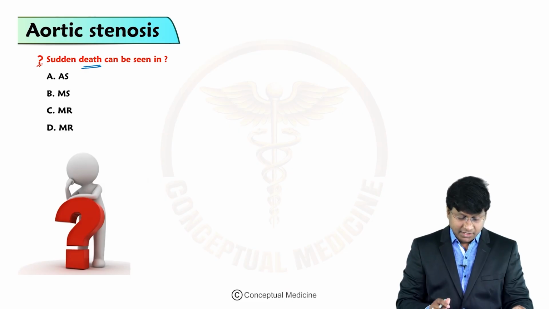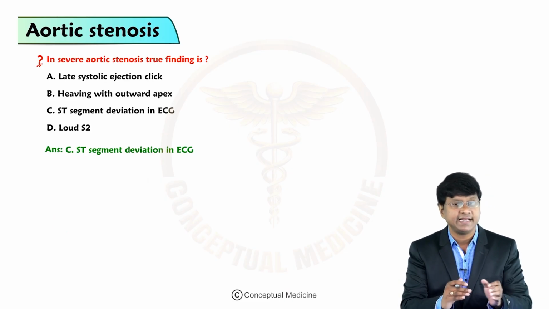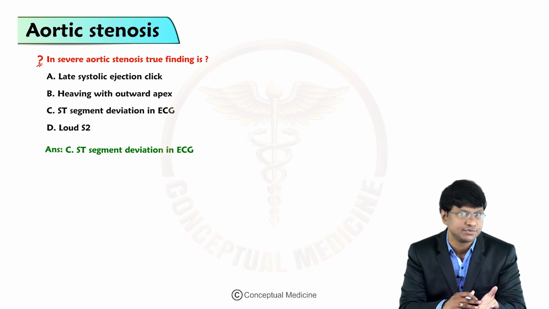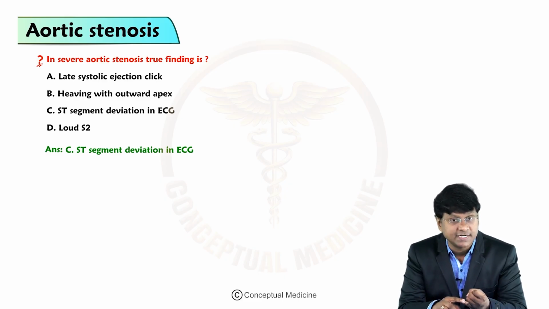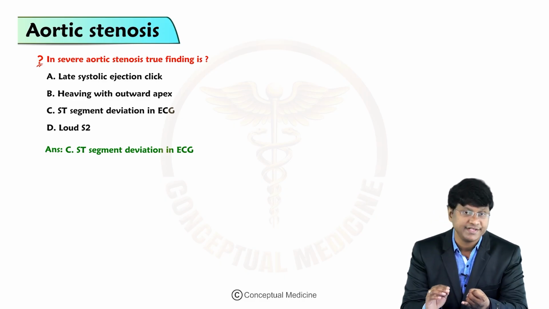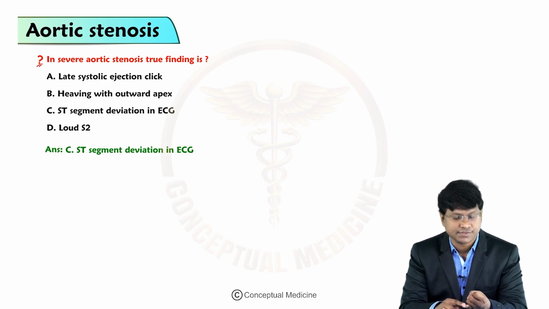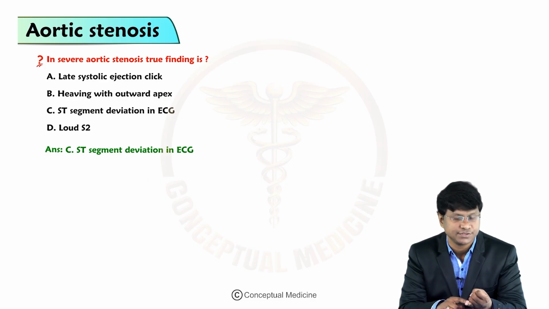Actually in the theory part, I have discussed all the points which will favor severe aortic stenosis. Right? What is that? You start from the pulse. Pulsus parvus et tardus, that is slow rising pulse with late peaking, is suggestive of severe aortic stenosis. Next, the presence of systolic hypotension is also suggestive of severe aortic stenosis.